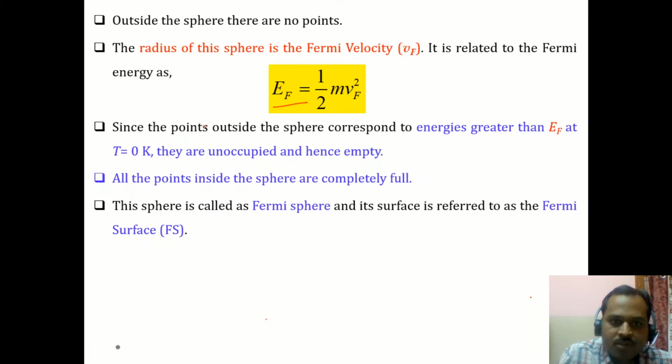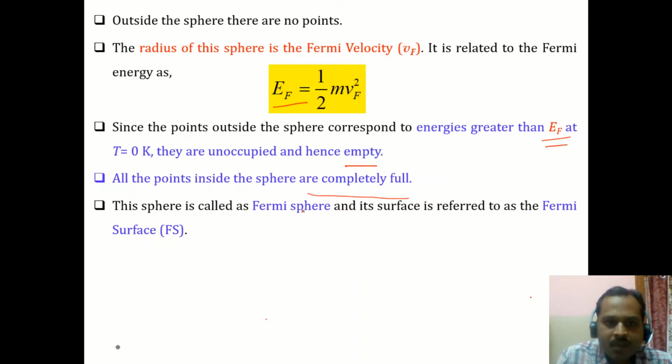The points outside the sphere correspond to energies greater than the Fermi energy, so they are empty. Only inside the sphere do we have points. Outside the sphere at T equal to 0 Kelvin they are unoccupied, whereas all the points inside the sphere are completely full.